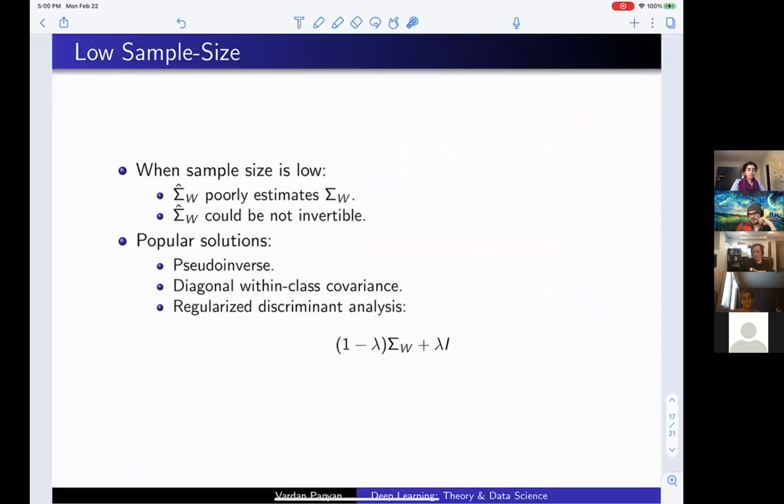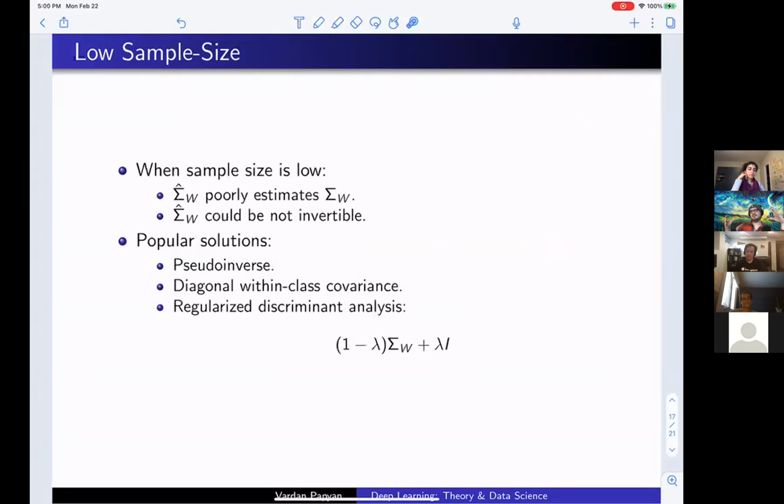So in practice, if you use linear discriminant analysis, you might get poor performance, for example, if your sample size is low. Why would you get poor performance if your sample size is low? Because if you don't have a lot of data, it becomes very hard to estimate sigma W. Sigma within is hard to estimate because it's a covariance.